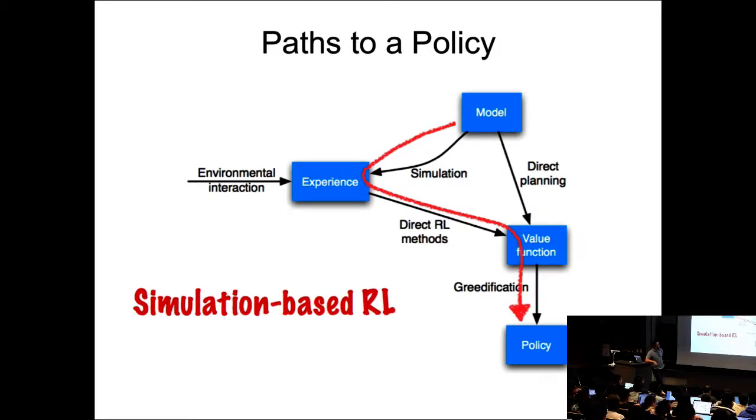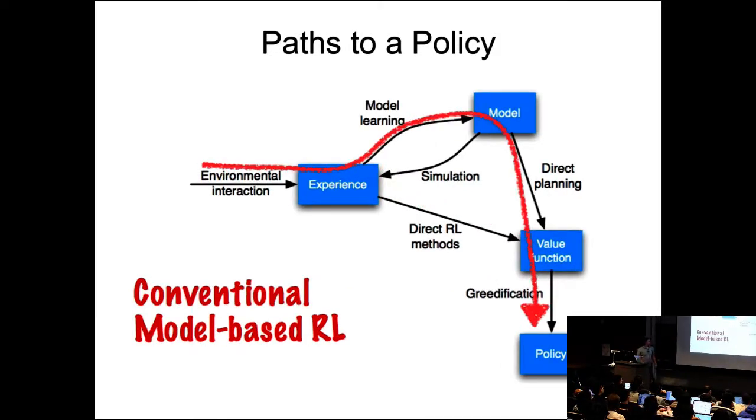Think of simulation-based RL as having some model, and you get experience from that model. You get samples from the model, and then you use direct reinforcement learning methods to estimate the value function, and you get the policy. You also have model-based RL, which takes a different path. You have some experience from the environment, and then you build a model of the world.